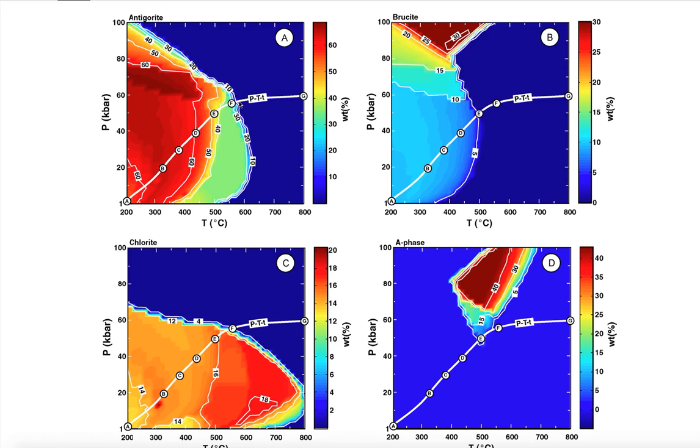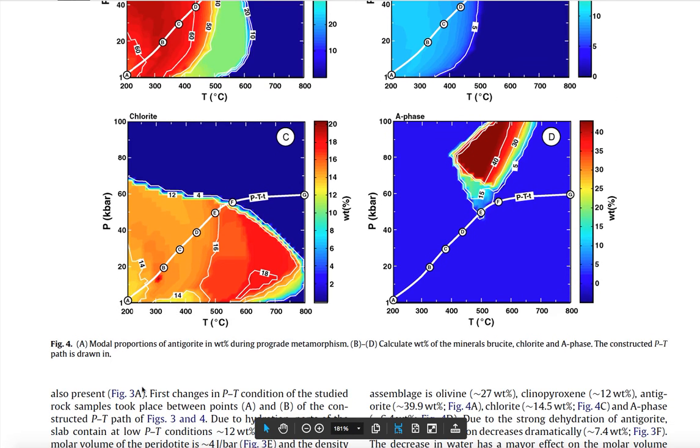So a lot of dehydration reactions will take place. Here the same for the brucite. At the beginning we have maybe 10% brucite inside, and then here it will then dehydrate at point number E. Same for chlorite. We have at the beginning about 14% chlorite, and here at point F it will then disappear. Here we have then even more chlorite inside.